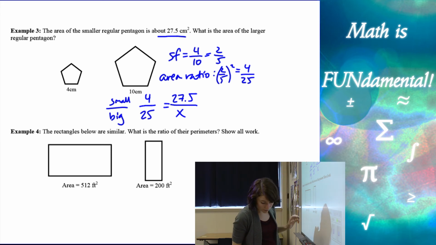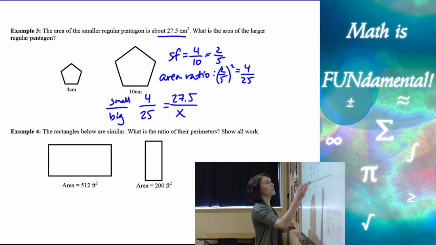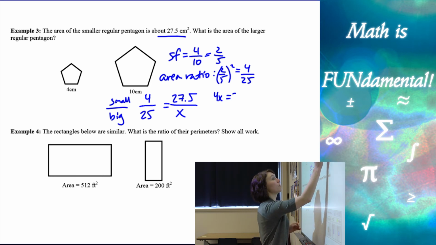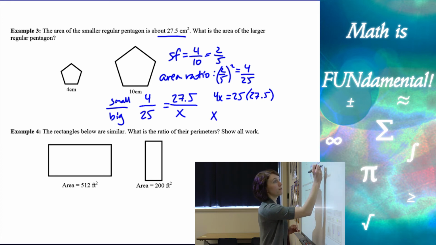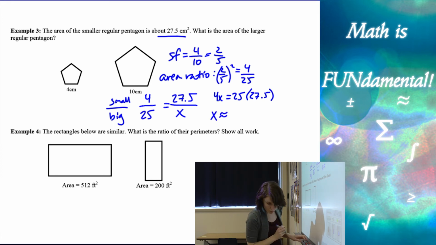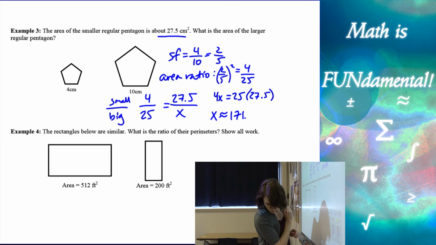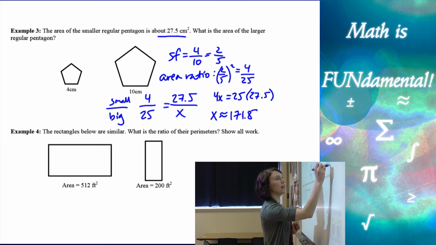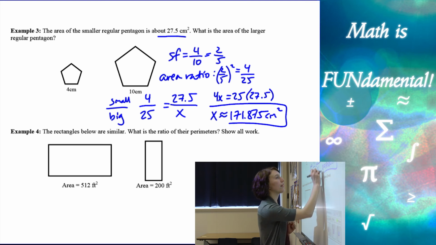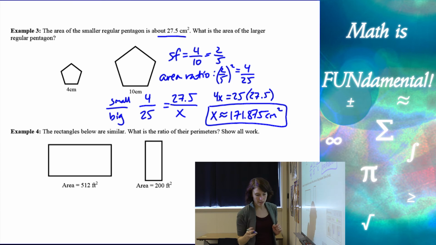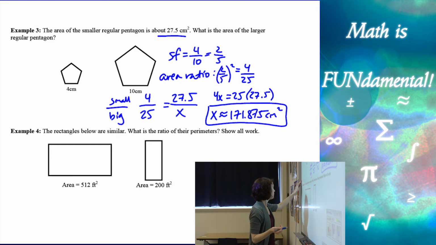Now if I solve this, I cross multiply, I get 4x equals 25 times 27.5 and divide by 4. We end up with 171.875, and our units are centimeters, and we want to square that for area. So there is our area of our larger pentagon.